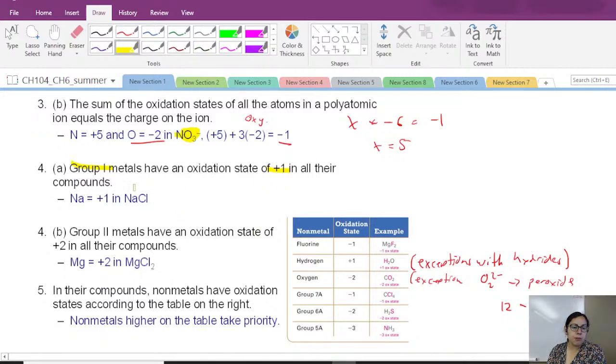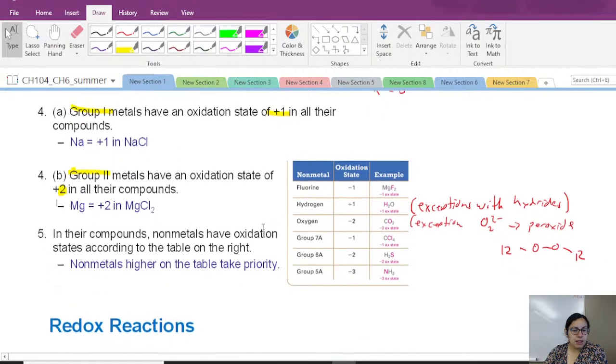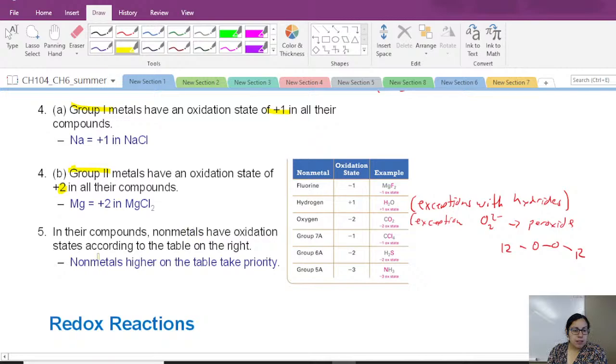That helps you. We know our group 2 metals are always 2+. And again, we've seen that and practiced that. And then again, we have our priority of oxidation states of how you'd want to assign them, and then base your other ones off of that.